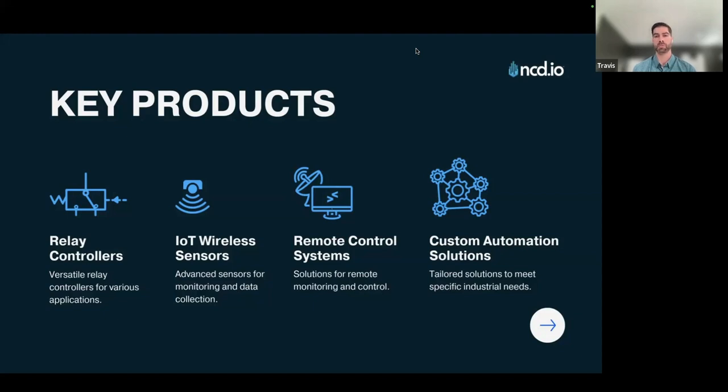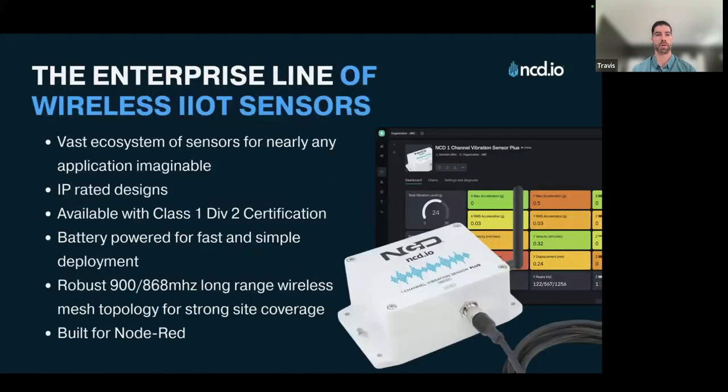Remote control systems, that's monitoring sensory inputs and then controlling outputs accordingly. And then custom automation, that's really the other side of remote control, having this stuff take over by itself, kind of like your thermostat kicking on your unit whenever the temperature gets too high or too low. So we make a lot of hardware for all of those aspects.